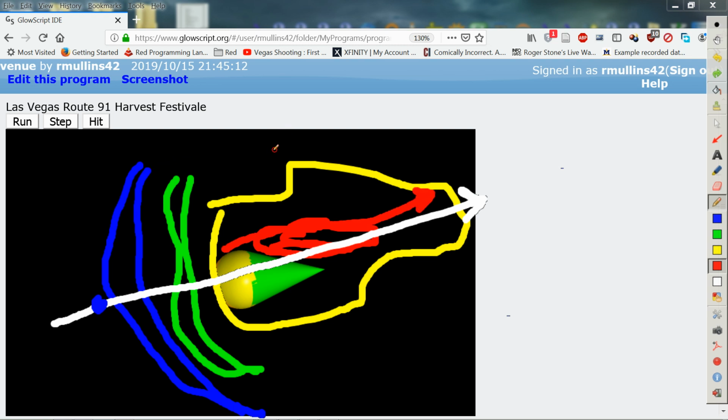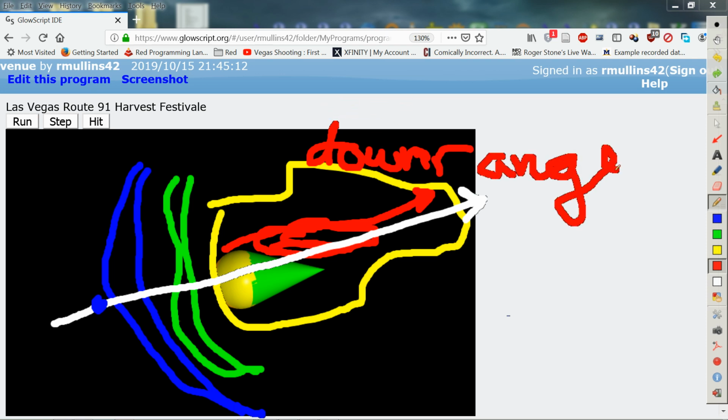Alright? And we call that the downrange. So this is downrange, and I'm going to be using that a lot, downrange. I'll even go cursive for downrange.